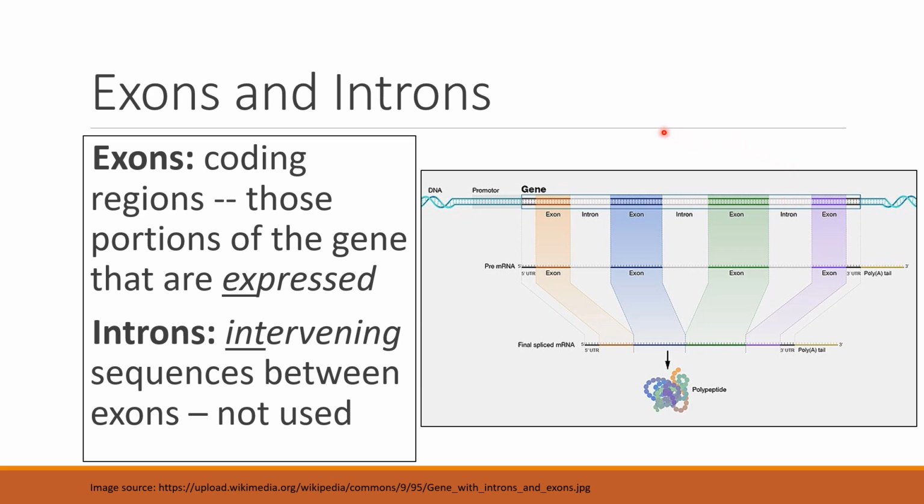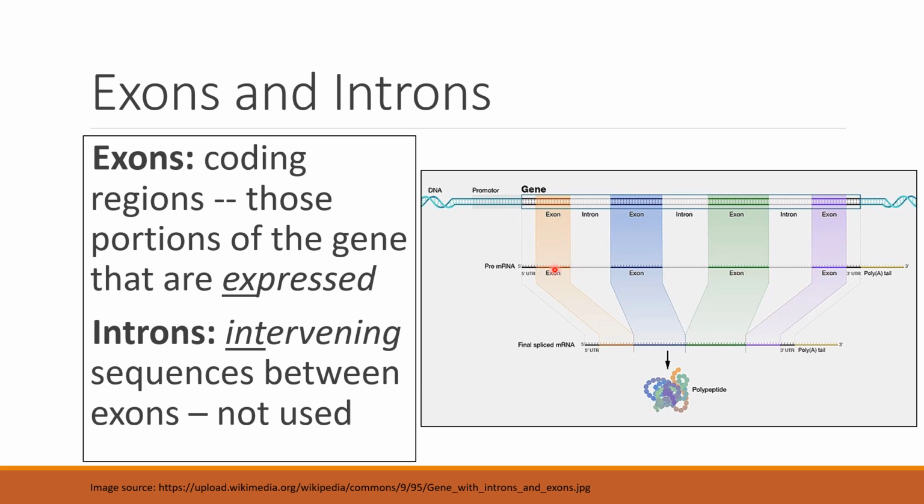So the messenger RNA will go through here and it'll transcribe this template from the DNA, it'll end up being like this. They call it pre-mRNA, for example, right here.